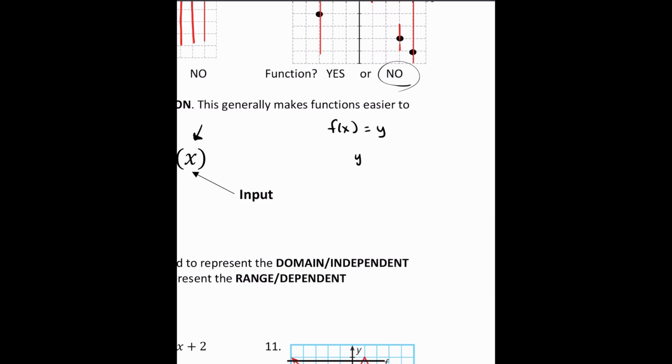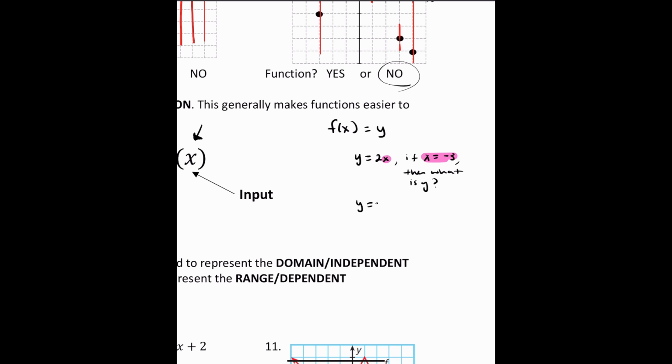If I said y is equal to 2x, and if x is equal to -3, well then, what is y? So all I need to do here is replace this x with -3.